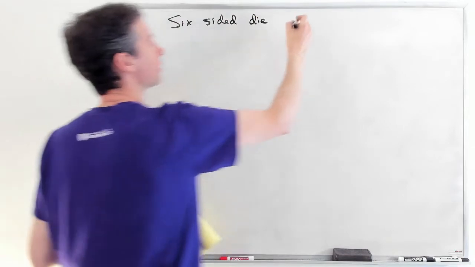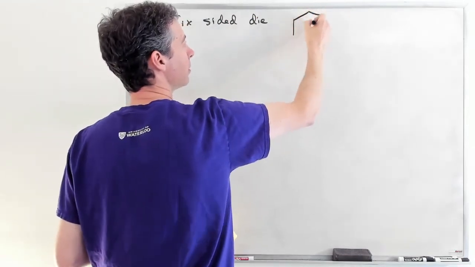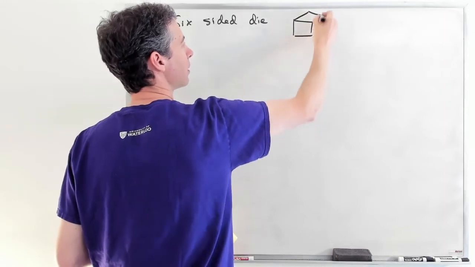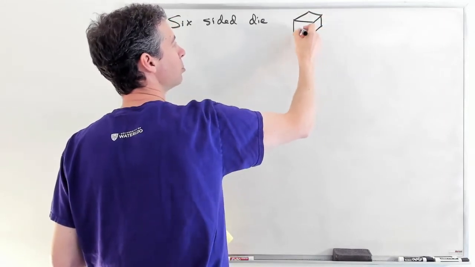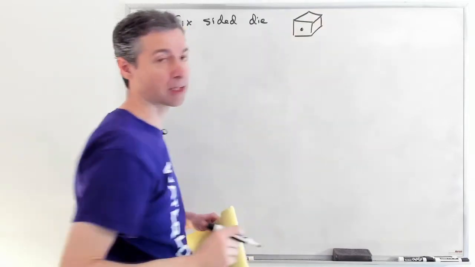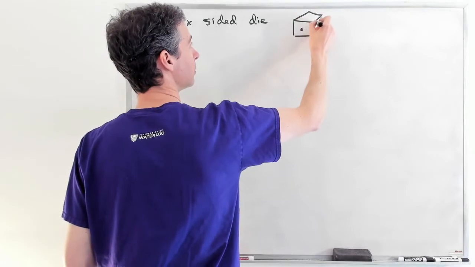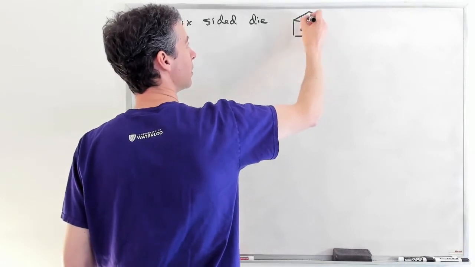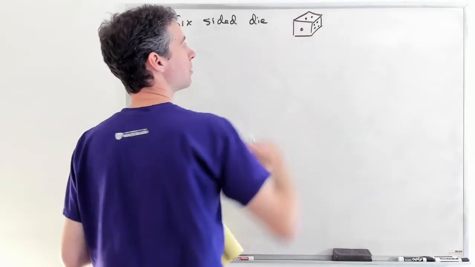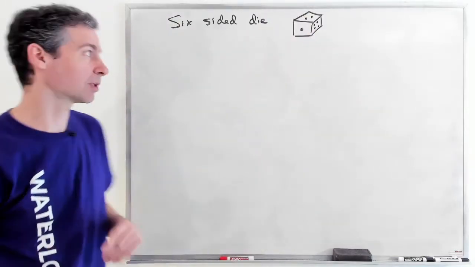All right, so a six-sided die, you've all seen a six-sided die. It's a nice cube, and it's got these little pips on them. Anyways, on each side we see the number of dots or pips to tell us the number.